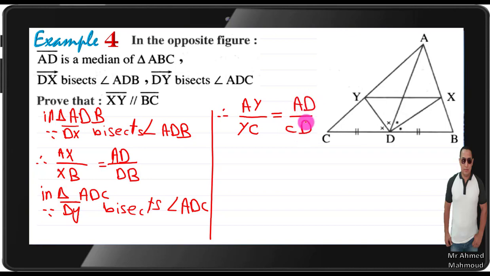Again, this is the internal bisector, so AY over YC equals AD over CD.